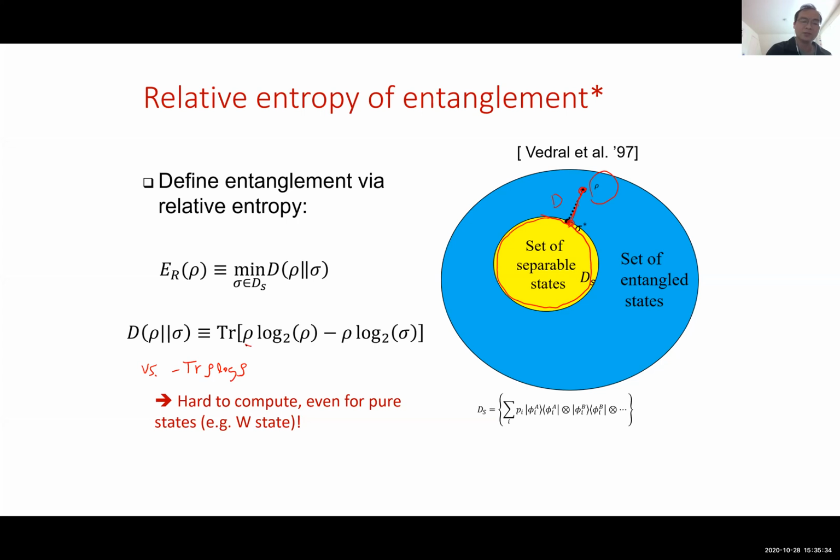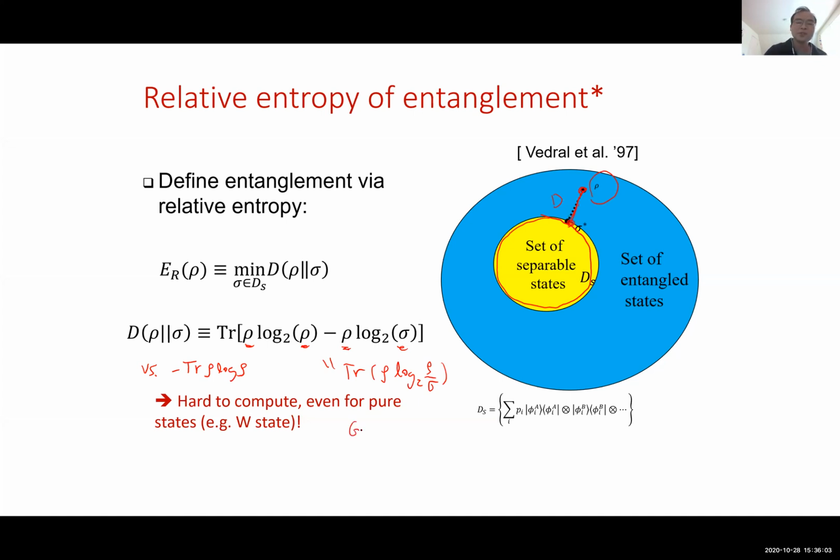It's trace rho log rho minus trace rho log sigma. If you want, you could also write it symbolically as rho log of rho divided by sigma. But this definition, while nice and very intuitive, is very difficult to calculate.